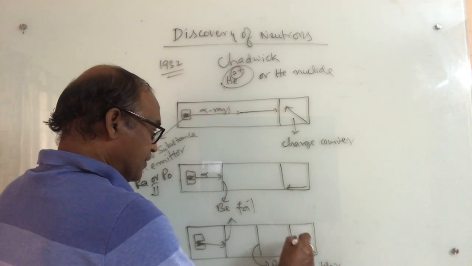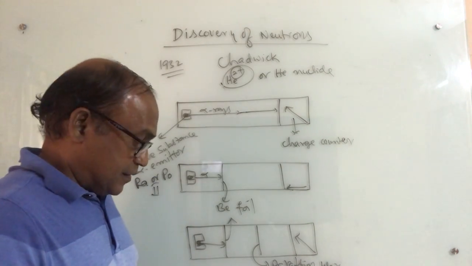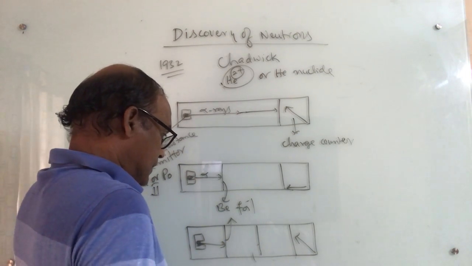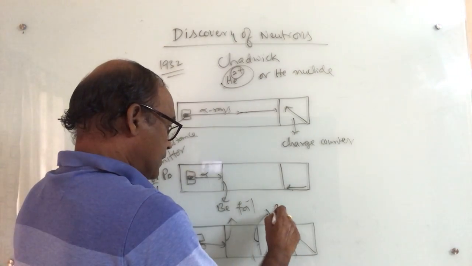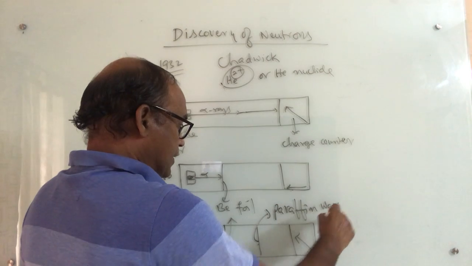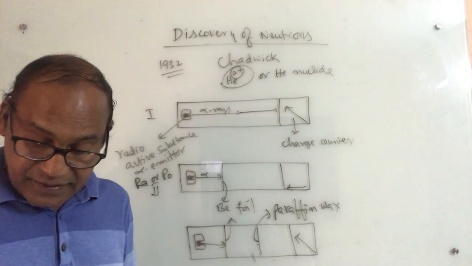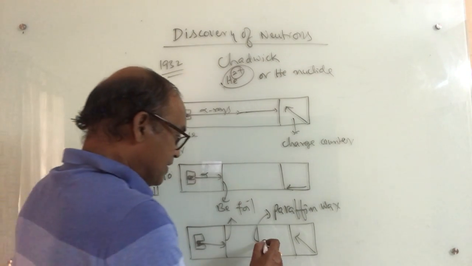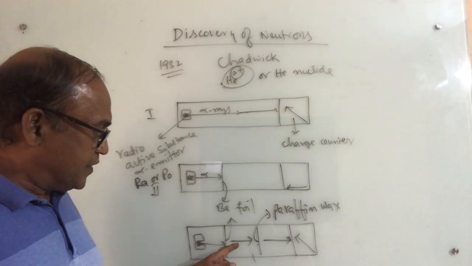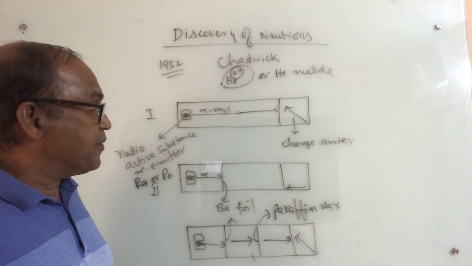Again, there is a deflection in the charge counter, indicating that some charged particles are falling here. The inference we can draw is that some other invisible particles, which might be neutral in nature, are there in between the beryllium and the paraffin wax.